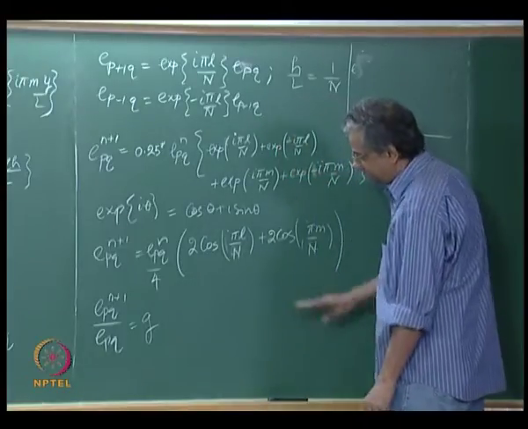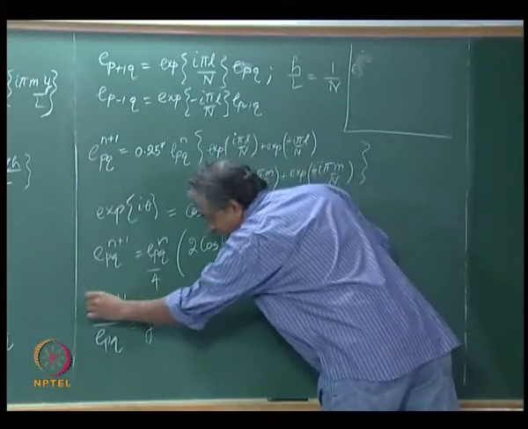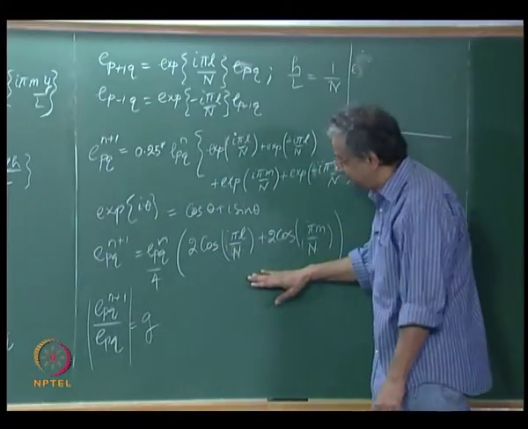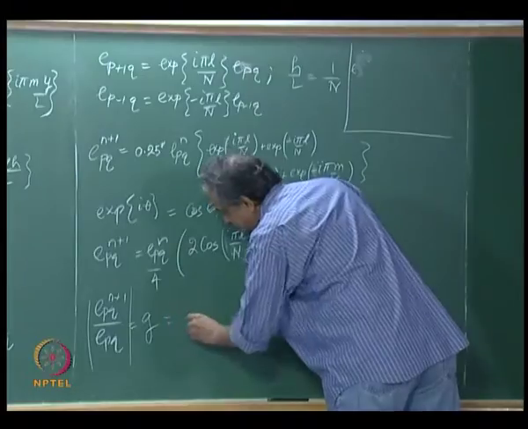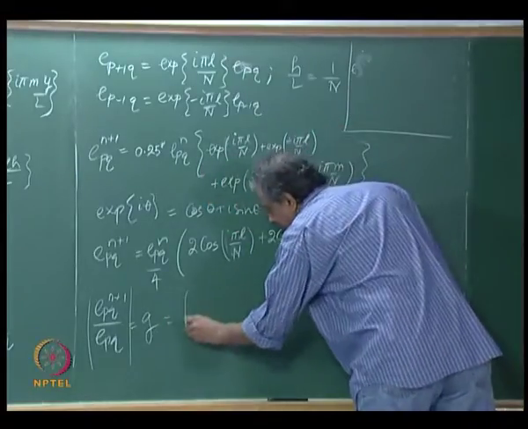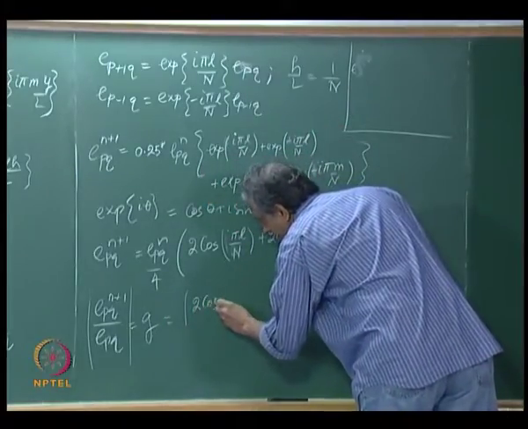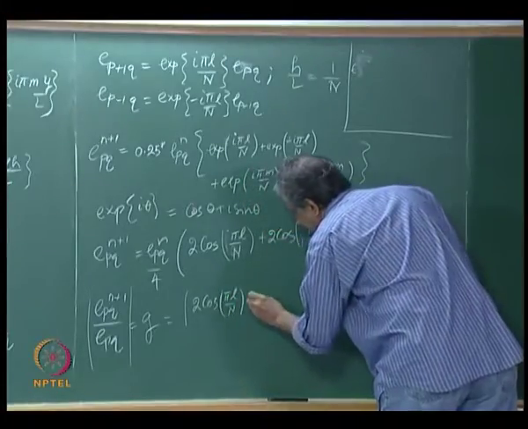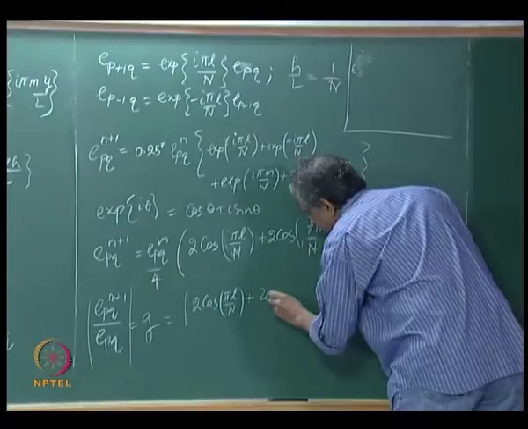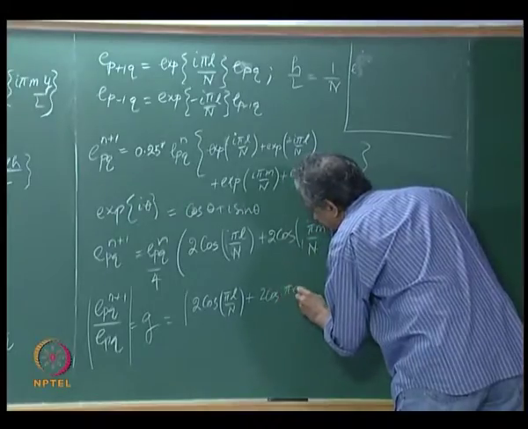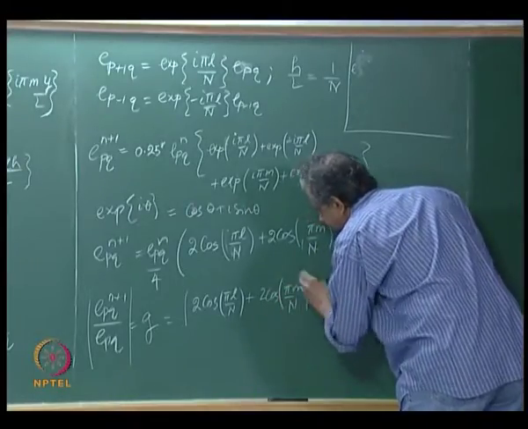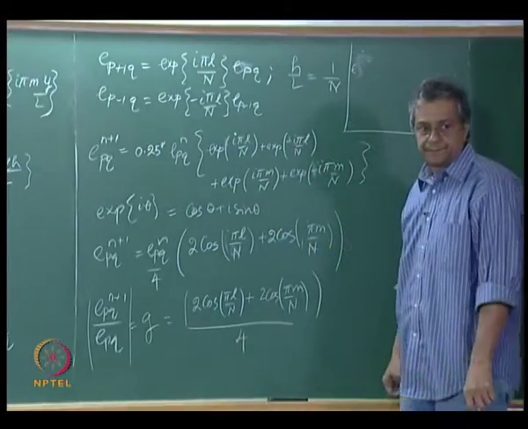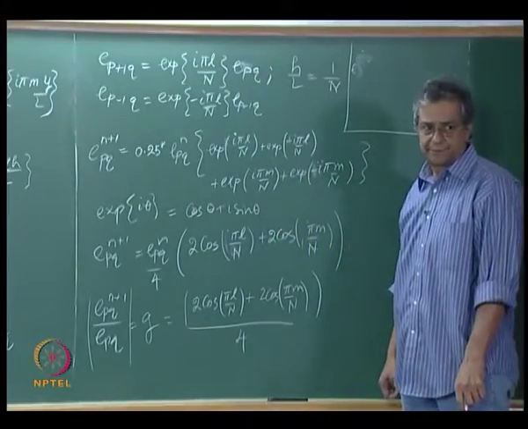So we want only the gain and we want the modulus, the absolute value, and this is mod of 2 cos pi L by n plus 2 cos pi m by n divided by 4. Is that okay? Everybody is with me?